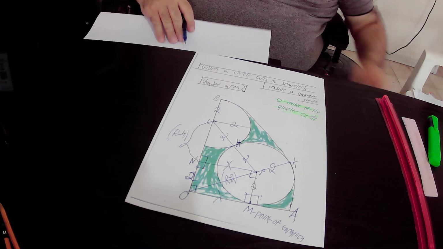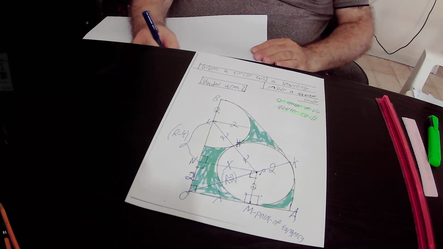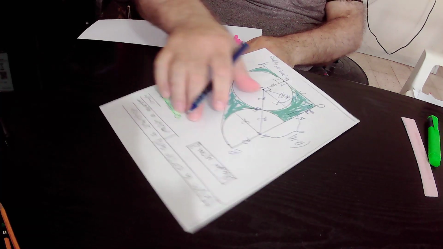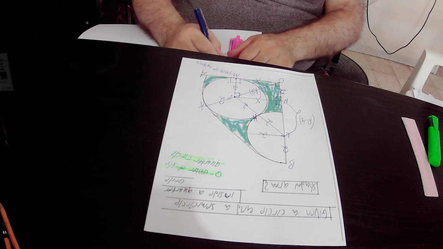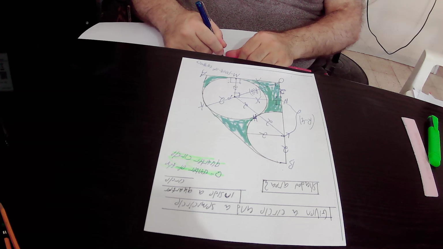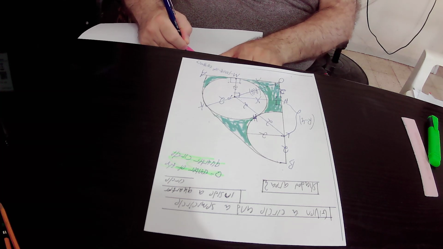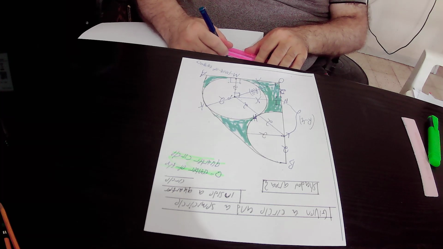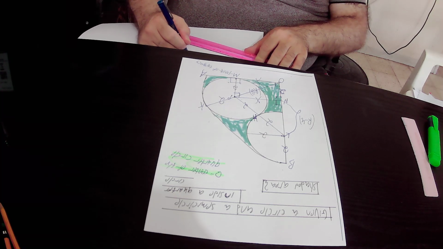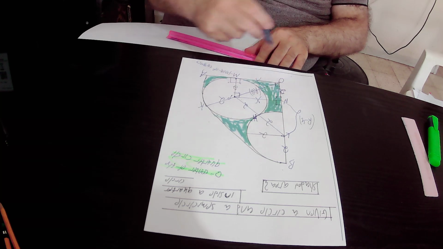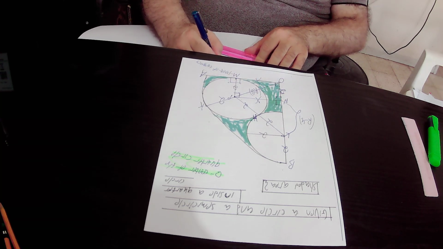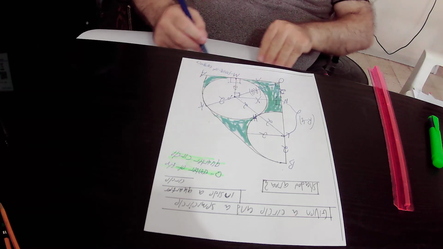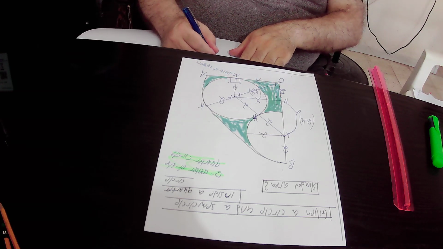We have already found out that LN equals capital R minus 4. This angle equals 90 degrees according to our construction, so angle LNP equals 90 degrees.